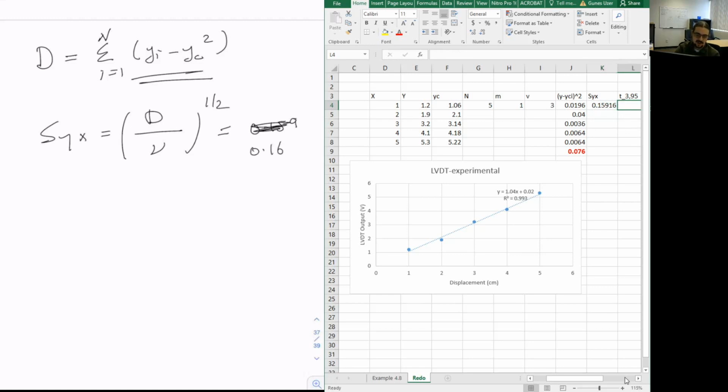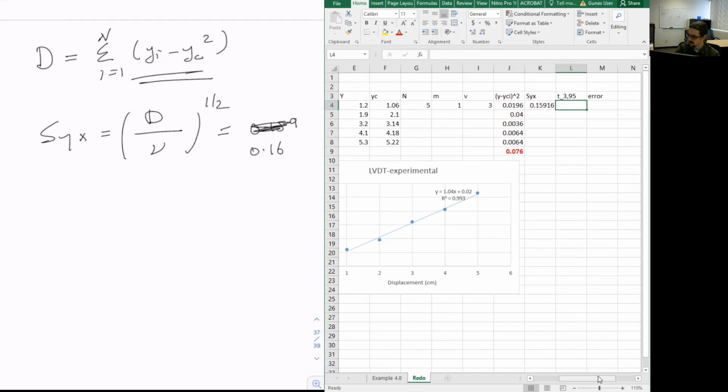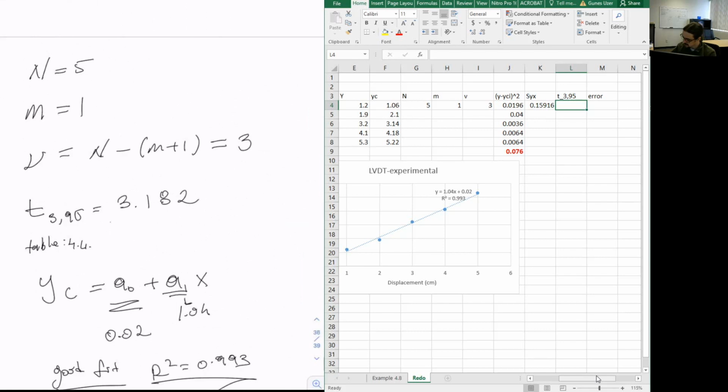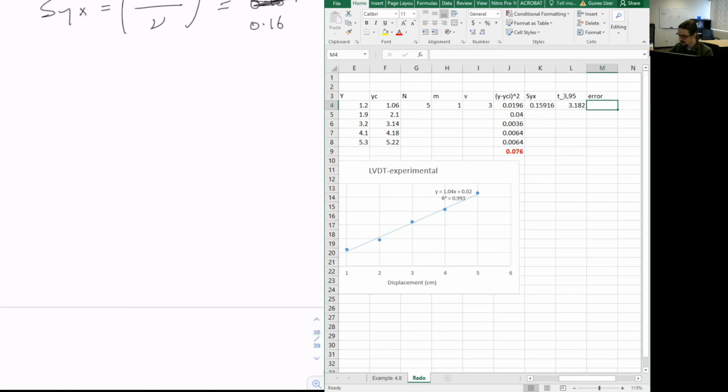So I know my t-value. The t-value is calculated as, let's go back to here, 3.182. And then the error, if you remember, is going to be t95 times Syx.